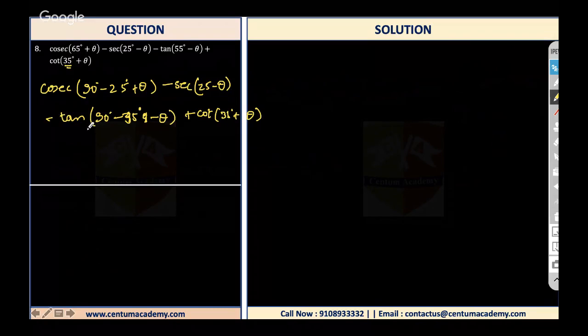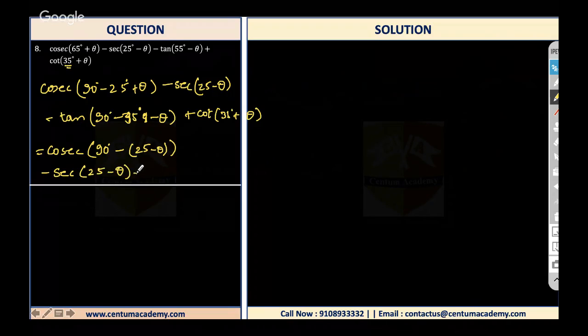So now what can you say? You can say cosec of 90 degrees minus 25 minus theta, this is the first term. You took minus common, so minus secant 25 minus theta, let it be as it is.